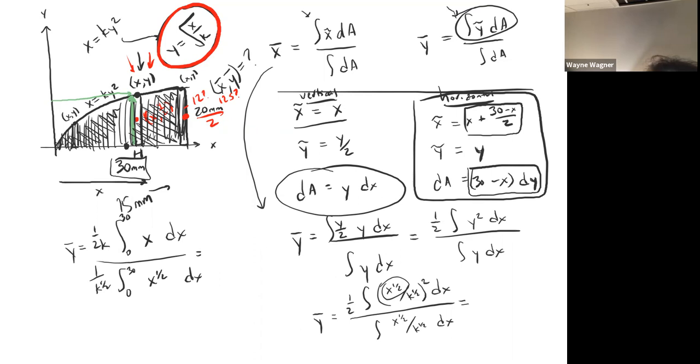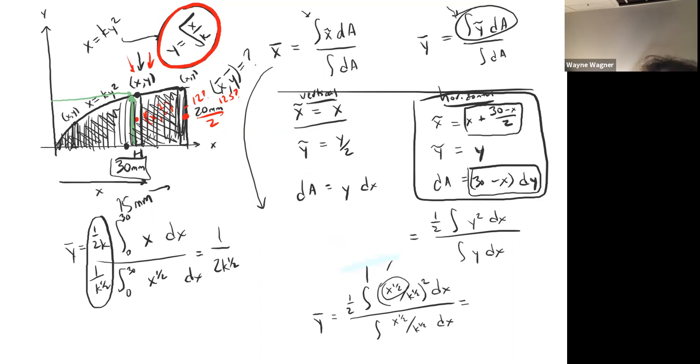So I'm going to combine these right here. I've got 2k on the bottom and k to the 1/2 on top, so I end up with 1 over 2k to the 1/2, which is a totally annoying number. If you want, afterwards we can go over how I got that, the exponents.